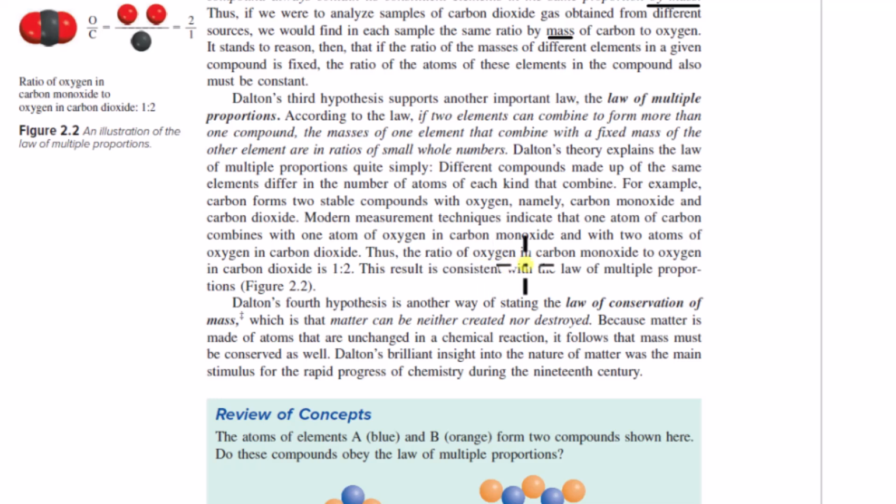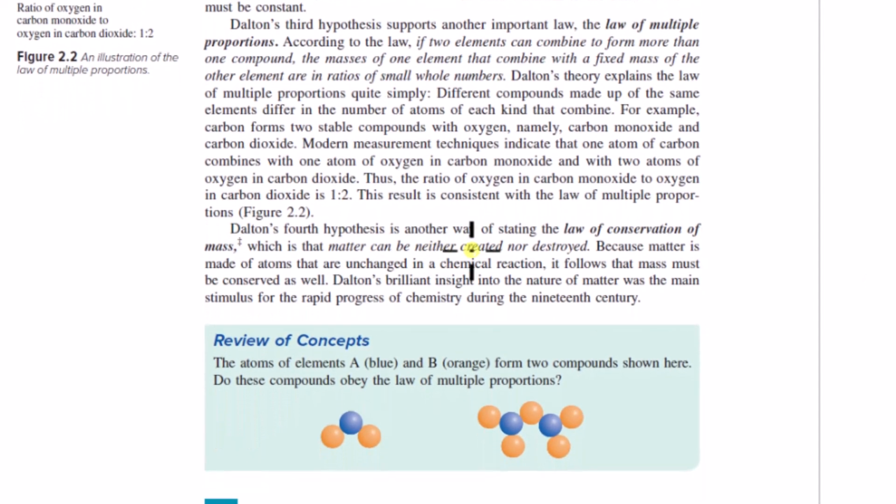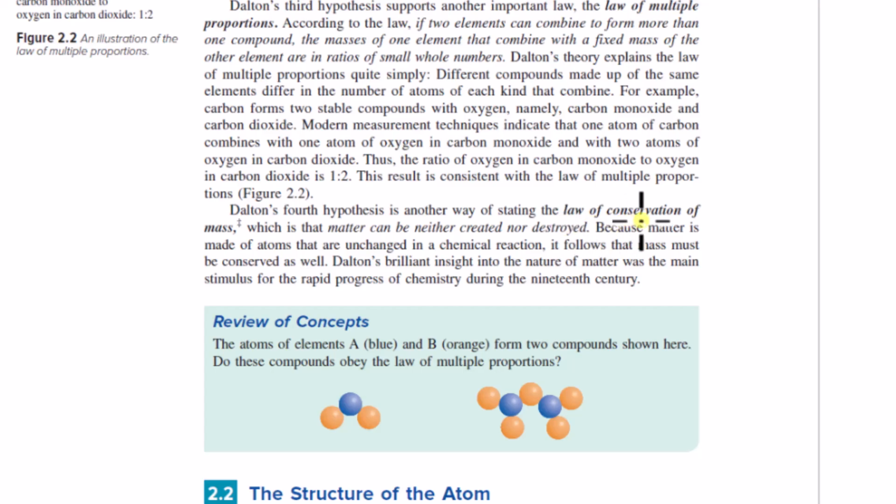Thus, the ratio of oxygen in carbon monoxide to oxygen in carbon dioxide is 1 to 2. Now, the mass ratios would be different than 1 to 2, but still, the mass ratios would come out to these small whole numbers. This result is consistent with the law of multiple proportions, which again, I believe Dalton created in 1803.